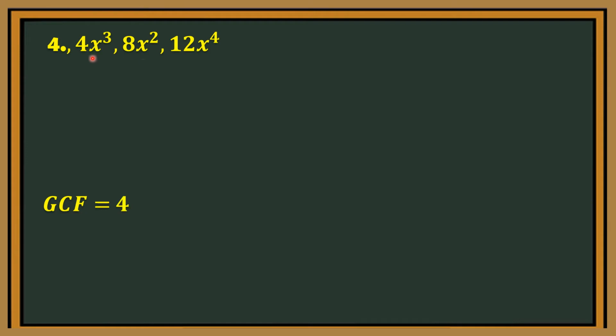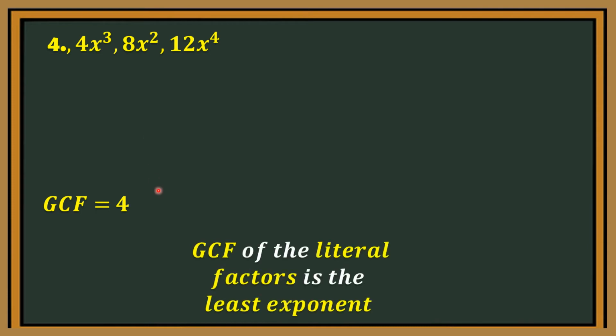How about x cubed, x squared, and x to the 4th? Always remember, the greatest common factor of the literal factors is the least exponent. So what is the least exponent of x? 2. Therefore, that is the greatest common factor of the literal factors, x squared.